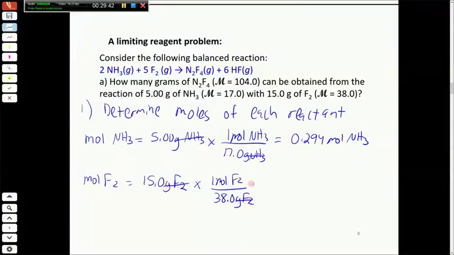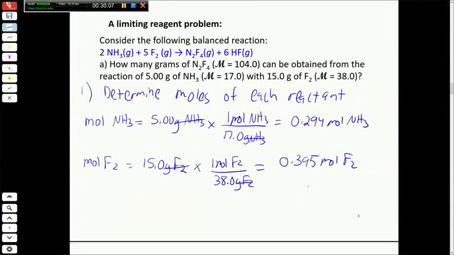Grams cancel, and that gives us moles of F2. And as I said at the beginning, it's not enough for us to know which of the reactants has the lower mass. We can't use that to tell us what the limiting reactant is. It's also not enough to know which of these has the fewer number of moles. That by itself also does not tell us the limiting reactant.